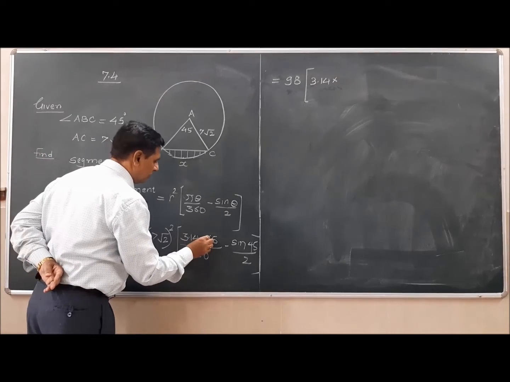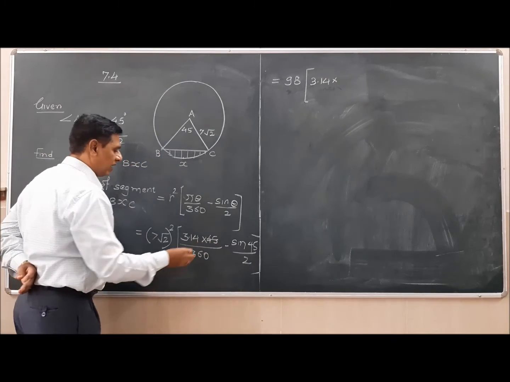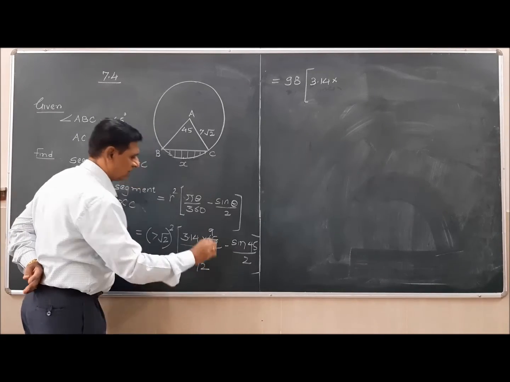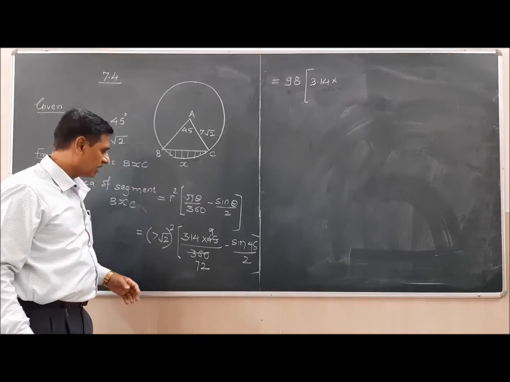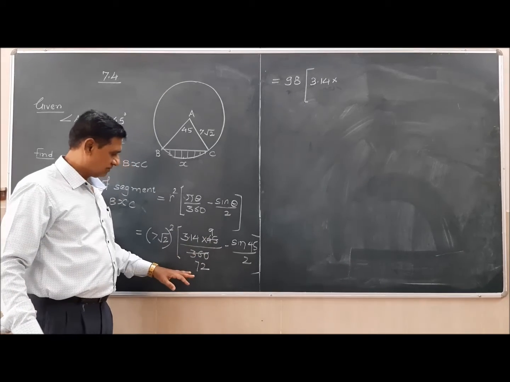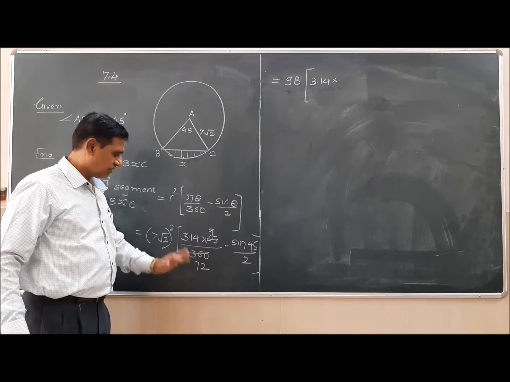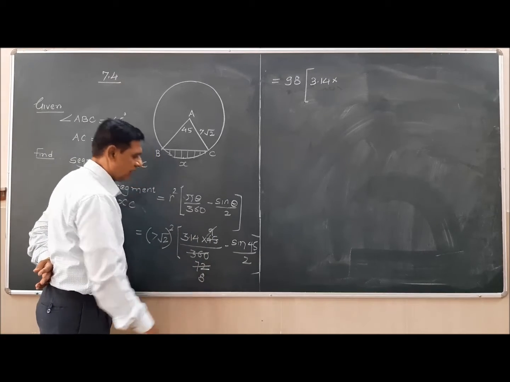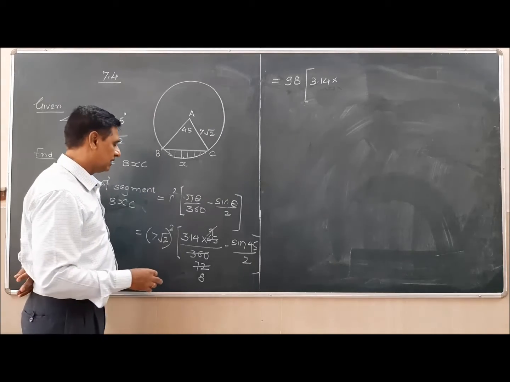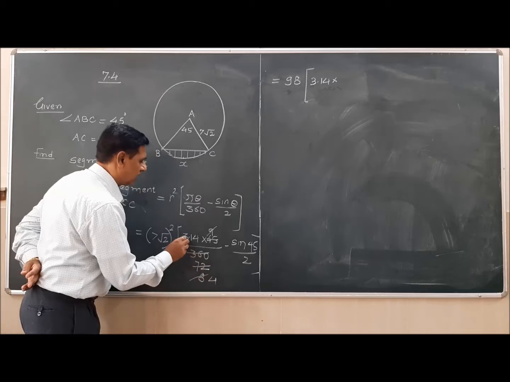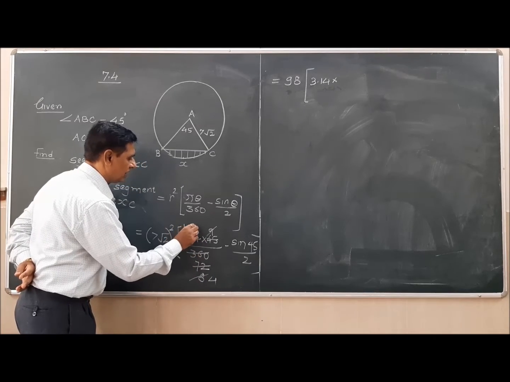So you will find here 5 9s are 45, 5 7s are 35, plus 1 5 2s are 10, and 9 8s are 72. If I cancel it further, I'll get 2 4s are 8, and here I'll get 1.57.